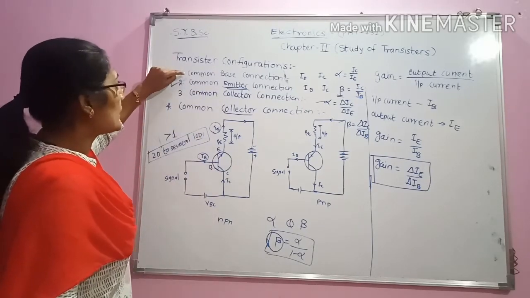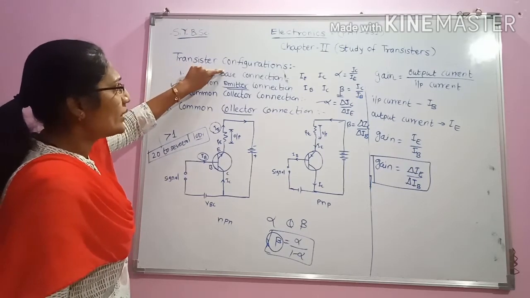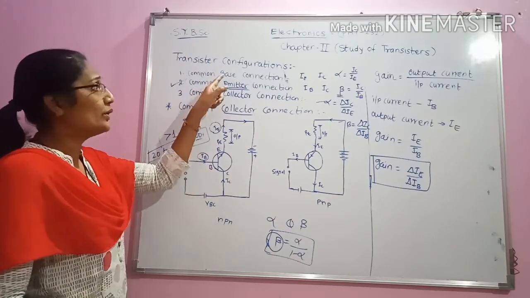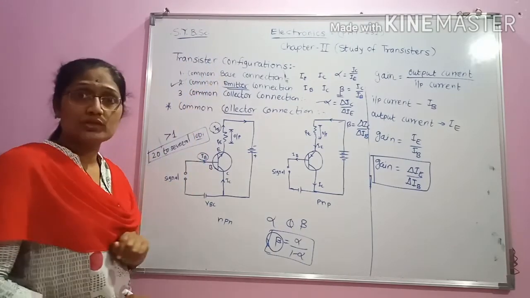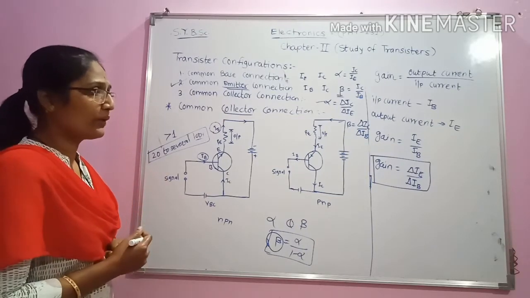Also, we have calculated the common base connection value, and its value, that is alpha value, is always less than 1. It will not be greater than 1.